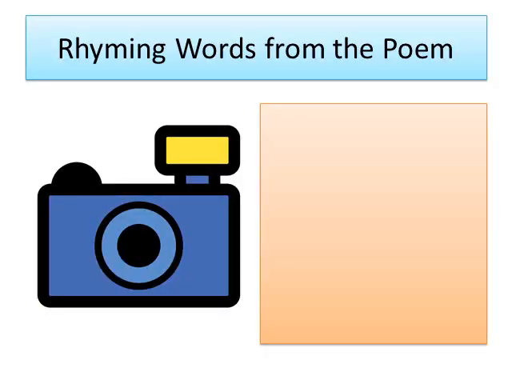Children, now as you have revised the rhyming words well, it is time for some fun activity along with learning. So take your toy camera and try to find out rhyming words from the poem Boats Sail on the Rivers. You take some time. I'll wait for you.